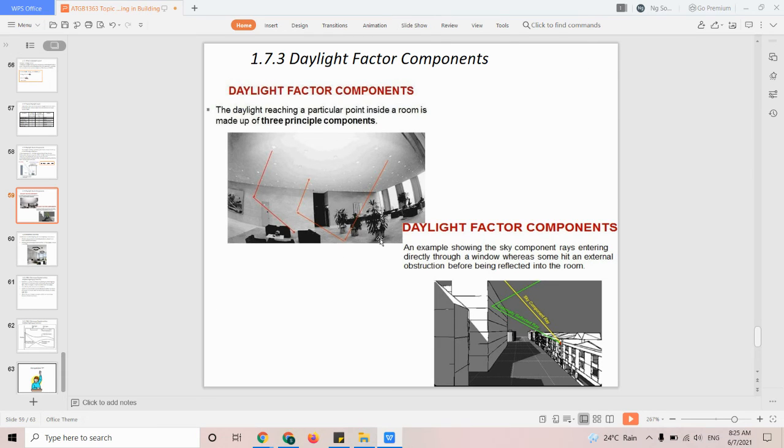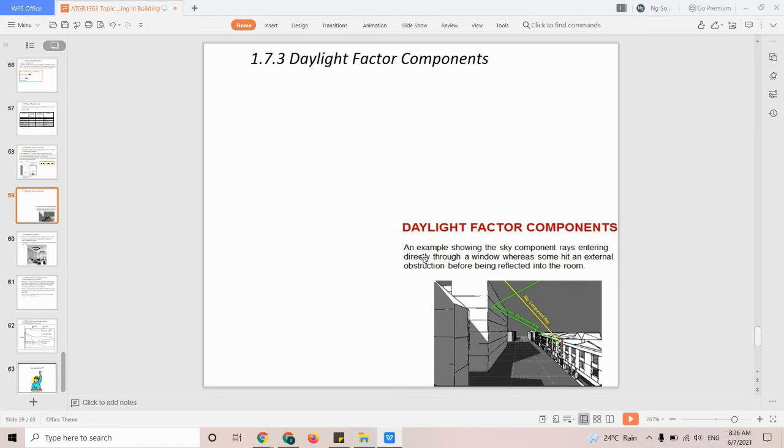So here is a picture of how the factors are like, your daylight factor component. Okay, so not sure what this is. This is a picture, and they have multiple lighting.